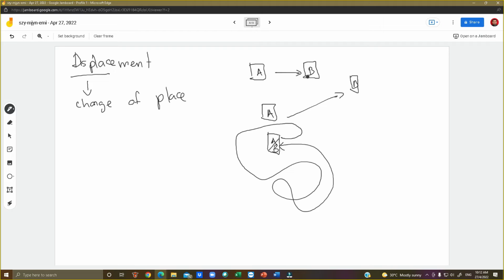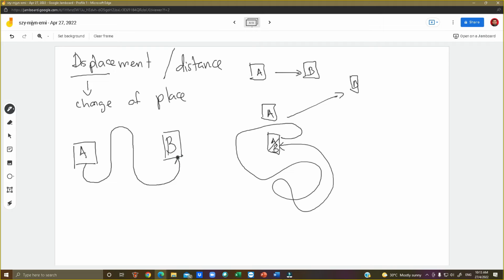Ni displacement. Okay. So in displacement, people always get confused with another term, which is distance. Okay. If we have two points, A and B, and from point A to point B the movement is something like this.